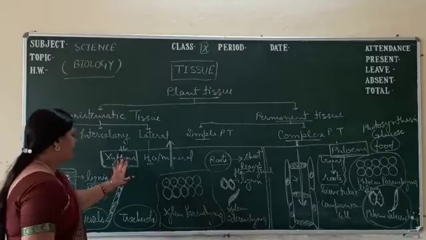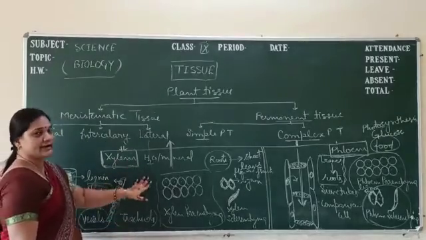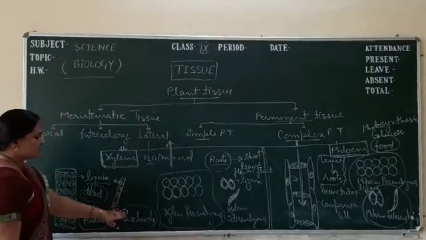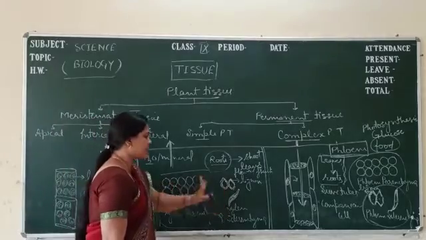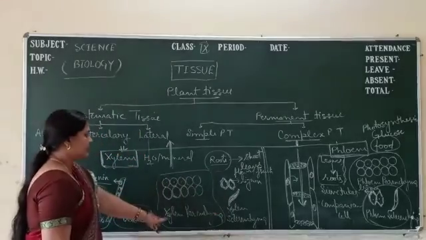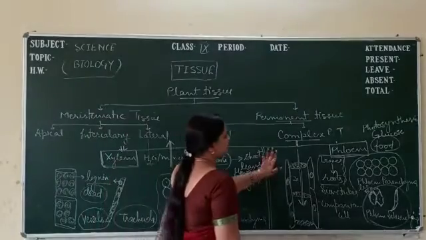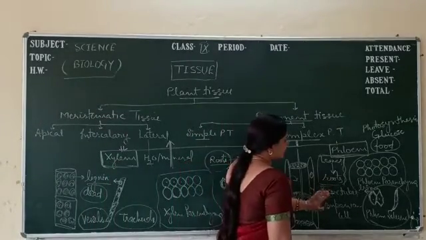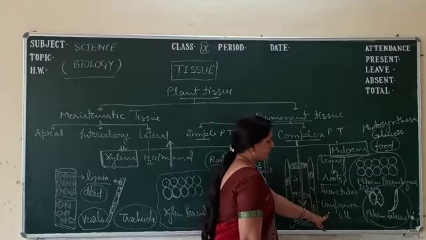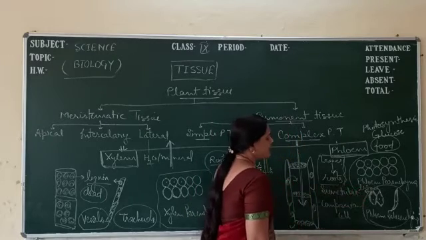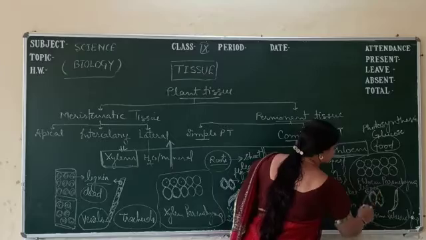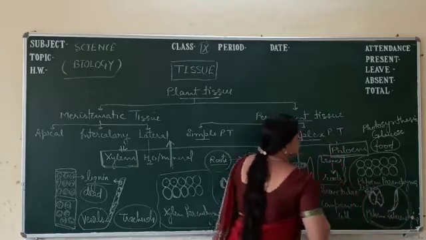And in xylem, three types of elements are dead, which are vessels, tracheids and xylem sclerenchyma, and only one type of element, that is xylem parenchyma, is a living element. But in phloem, three types of elements are living, which are sieve tubes, companion cells and phloem parenchyma, and only one type of element, that is phloem sclerenchyma, is a dead element.